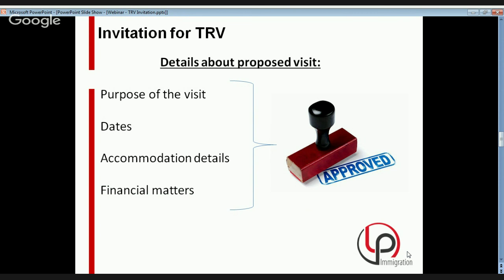Within the scope of our webinar today, we'll just mention that if an inviting party is going to pay for all or some of the guest's expenses, this, of course, must be clearly stated in the invitation letter. Besides, in this case, the inviting party must include documents to support his or her ability to pay, such as a recent bank statement, employment income reference, and so on.